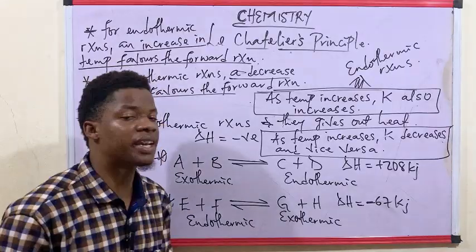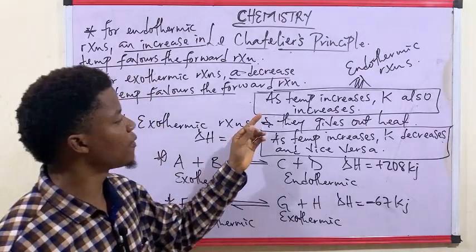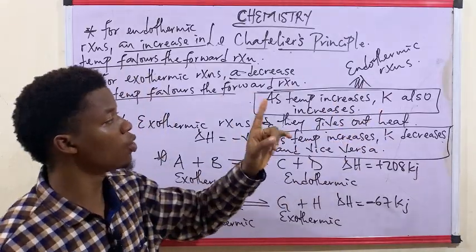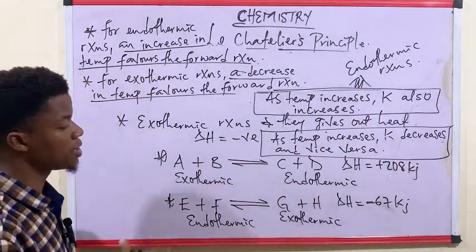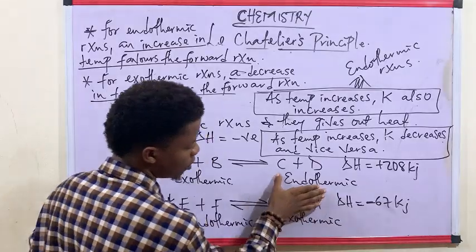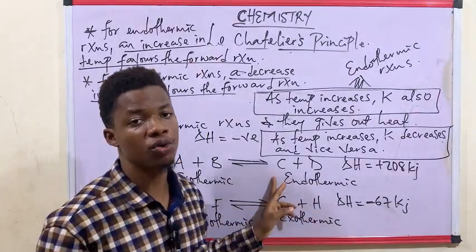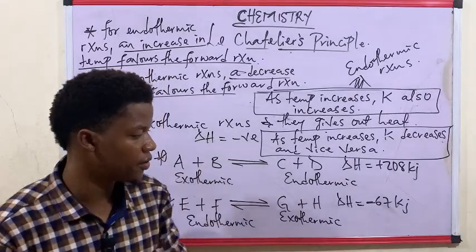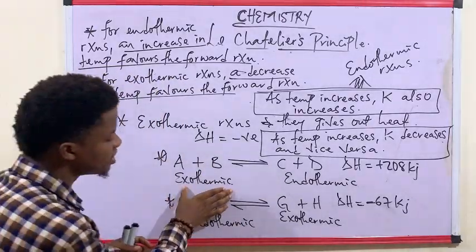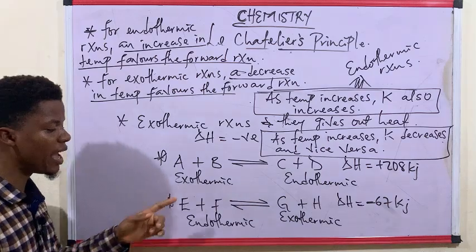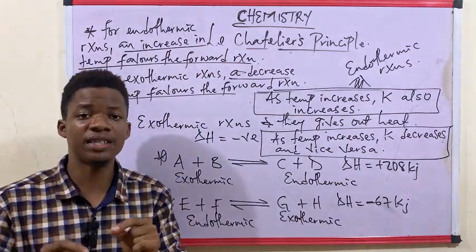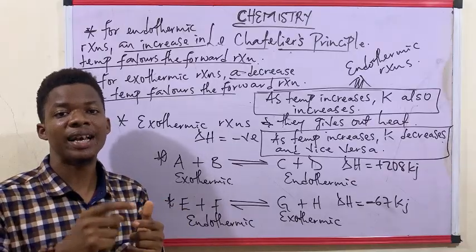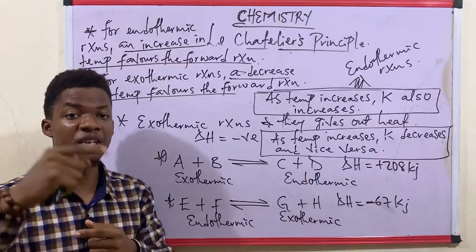Now, breaking these two down, we said for endothermic, as temperature increases, K also increases. So it simply means that for this one, when we increase our temperature to favor endothermic, the equilibrium constant increases. Then for the exothermic side, when we decrease our temperature to favor the exothermic side, K is increasing.